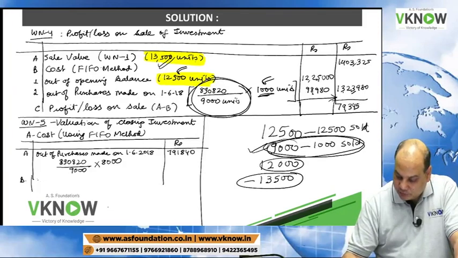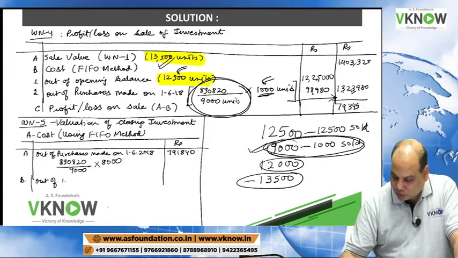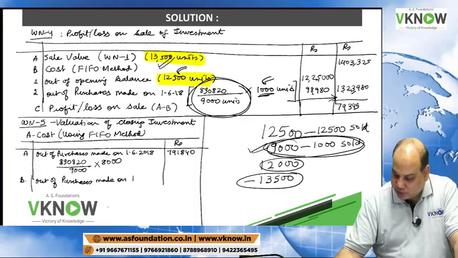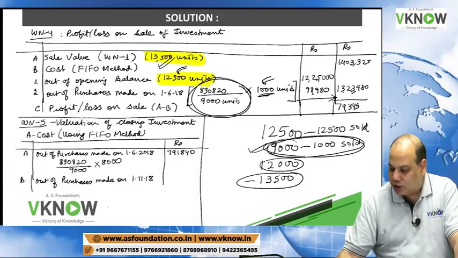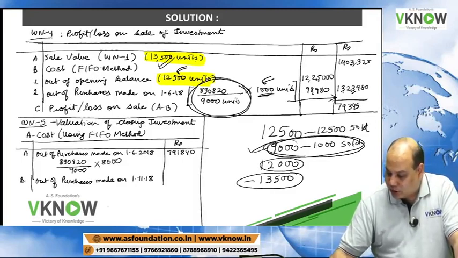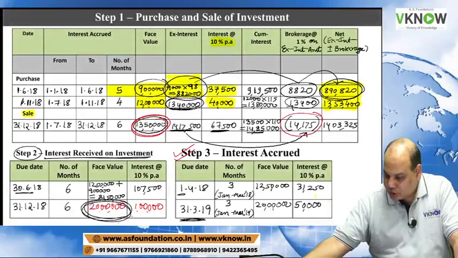And point B, out of purchases made on, what was the next date? 1/11/18. This is fully lying with us. Where will I get the amount on the screen?